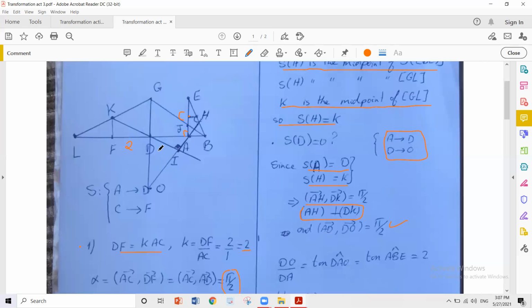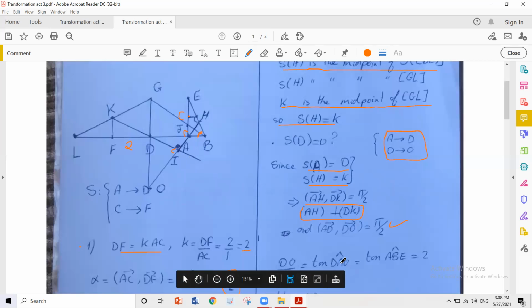Now, angle DAO is 90. Not ADO, this one.